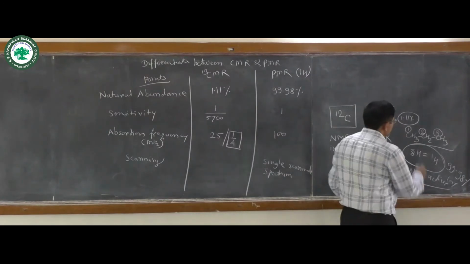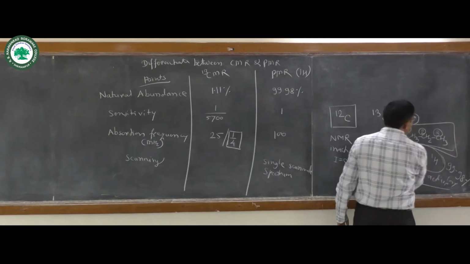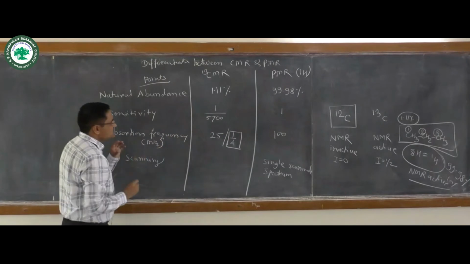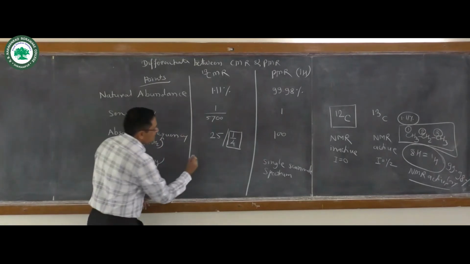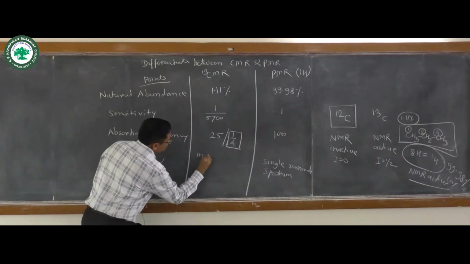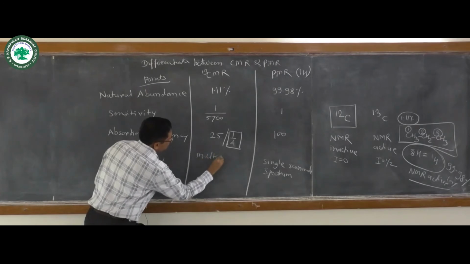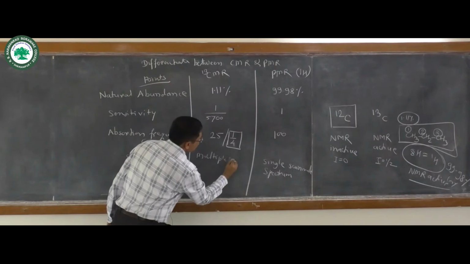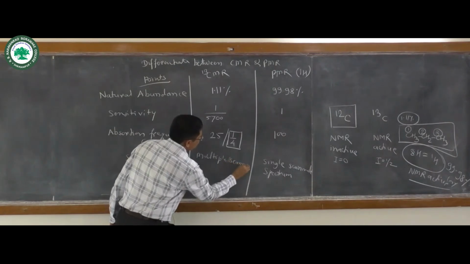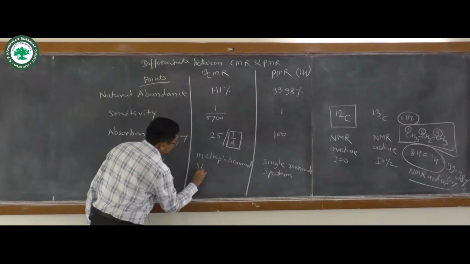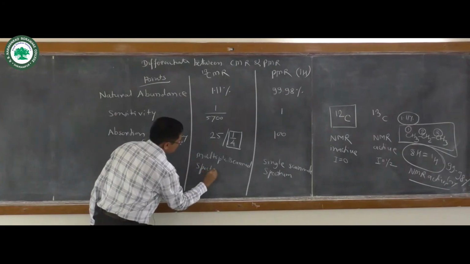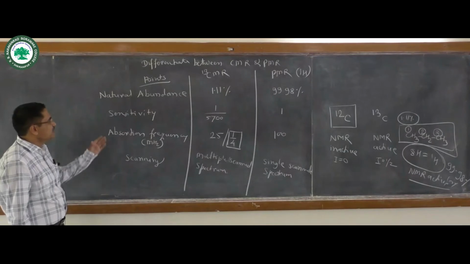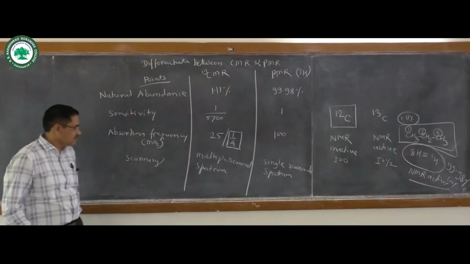So we scan this compound multiple times and hence we obtain the spectra by multiple scanned spectrum. This is the major difference between CMR and PMR.